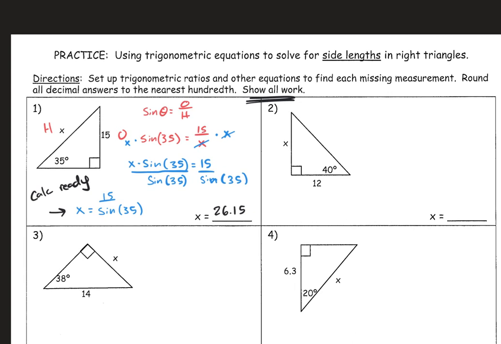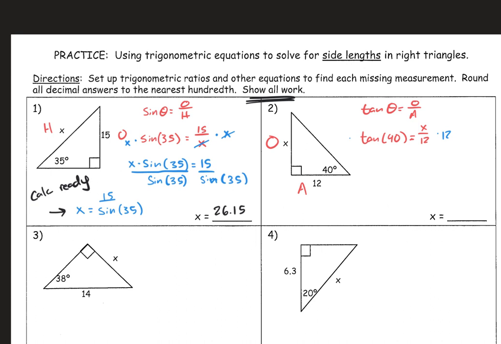Okay, let's do number 2, and then you're off on your own. So number 2, I have the opposite and the adjacent side, which means this is going to be tangent. So I've got tangent of theta is equal to opposite over adjacent. Plug everything in. Tangent of 40 is equal to x over 12. Again, I need to get x by itself, so I'm going to multiply by my denominator.